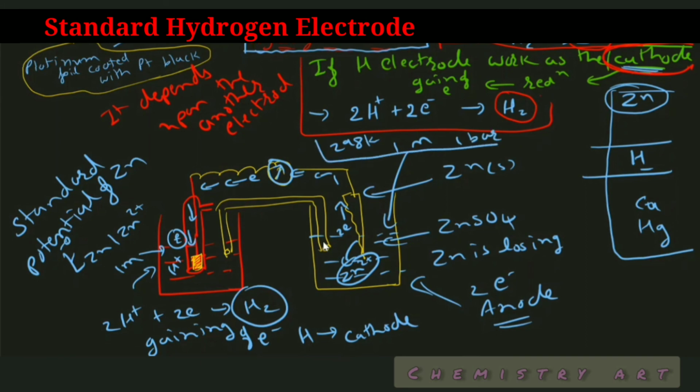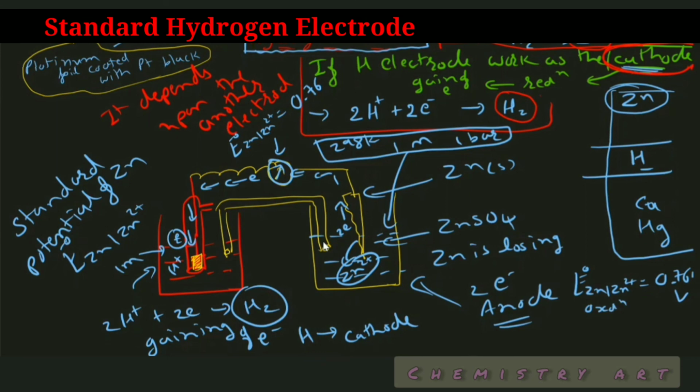So the potential we measure on the galvanometer is the electrode potential of zinc, and not only that, it is the standard electrode potential of zinc. The value from the galvanometer is generally 0.76. Now see, it depends on whether we consider gaining or losing of electrons. If we write the electrode potential of zinc in terms of losing electrons, it is the oxidation potential of zinc, and it is +0.76, a positive value.